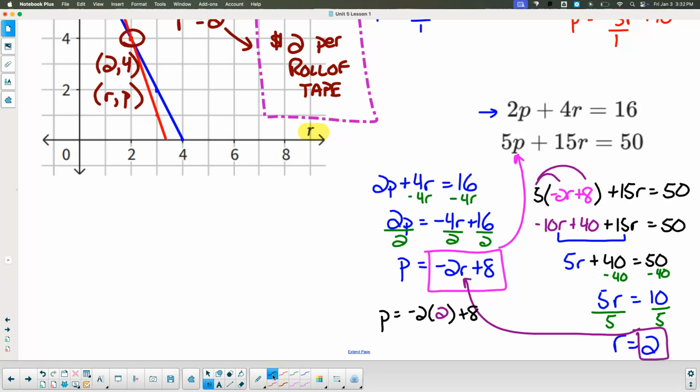Negative 2 times 2 is negative 4. Negative 4 plus 8 gets me a P value of positive 4, which is what we had up there. So our answers are still the same in terms of our cost per paintbrush and per roll of tape.